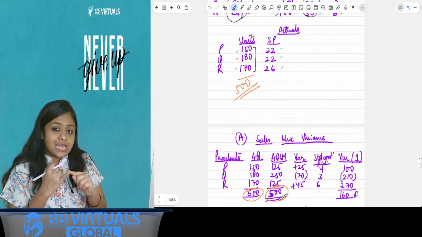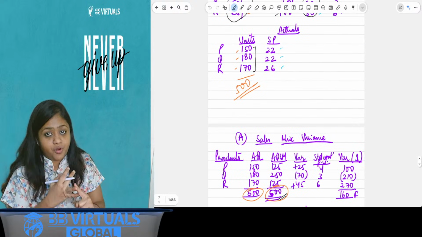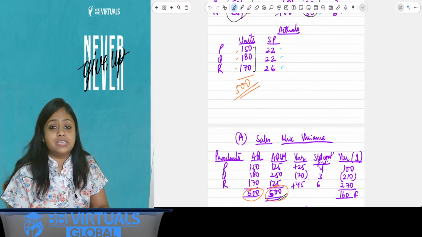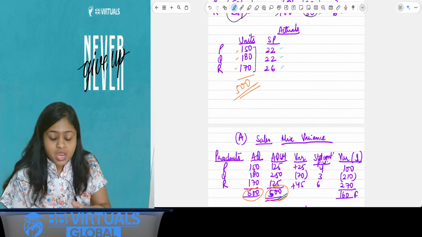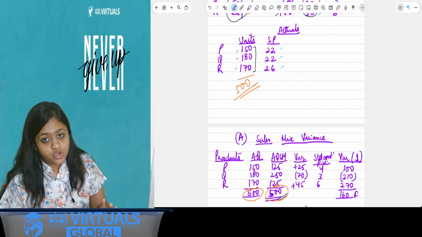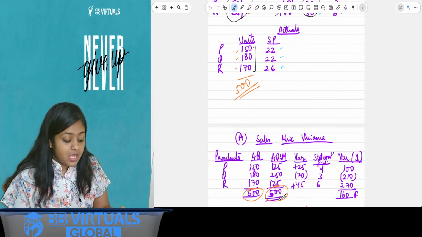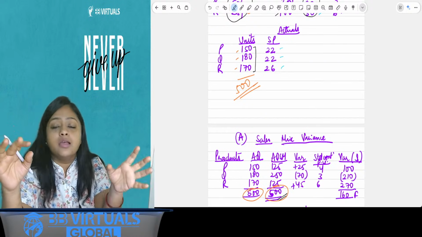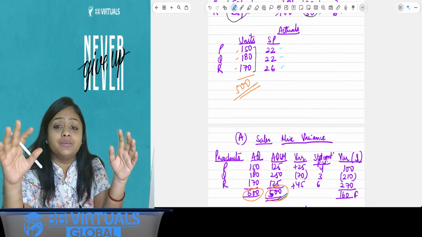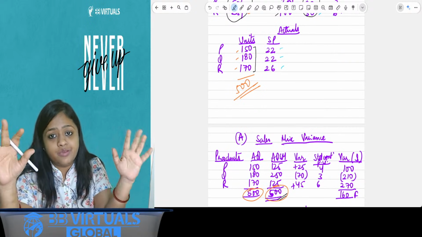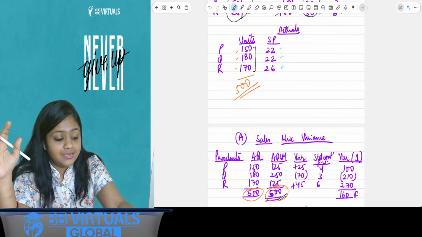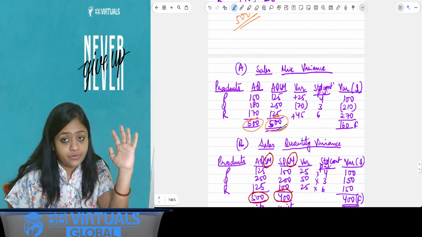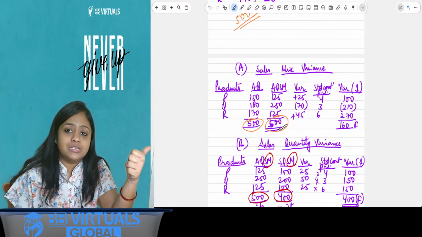Because either you take standard contribution or you take standard profit, depending upon the environment, absorption or marginal, or whatever data is given to you in the question. Here the question gives me contribution, so I'll take contribution. So practically the actual price and standard price you will only take when you are doing price variance. Otherwise you will never take these figures anywhere in the sales variances. Clear? Okay, now you multiply with standard contribution, get the variance. Done and dusted.